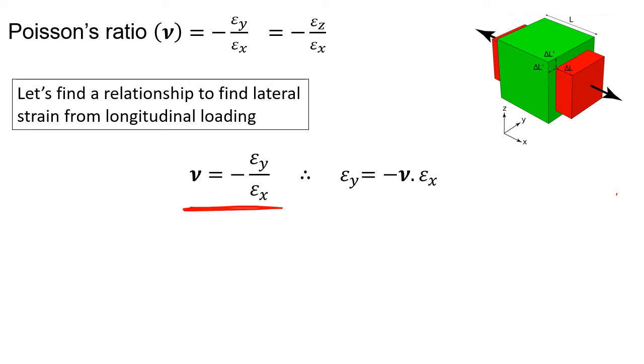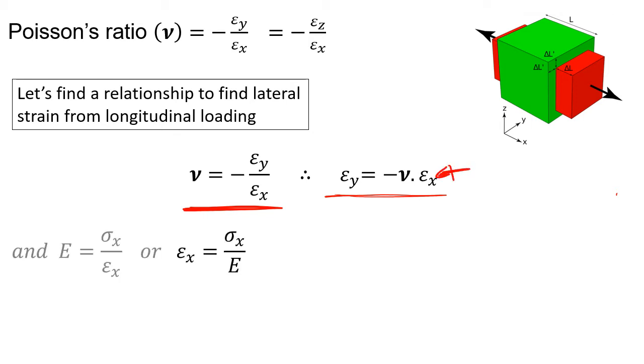We can rearrange this for our lateral strain, and here we have our longitudinal strain, and remember from one of the previous slides that strain can be equated to the stress in that direction over the Young's modulus.